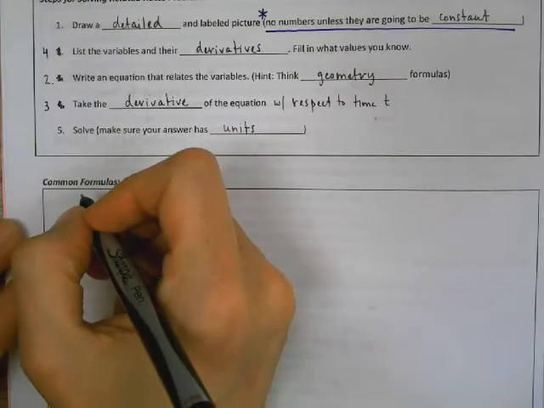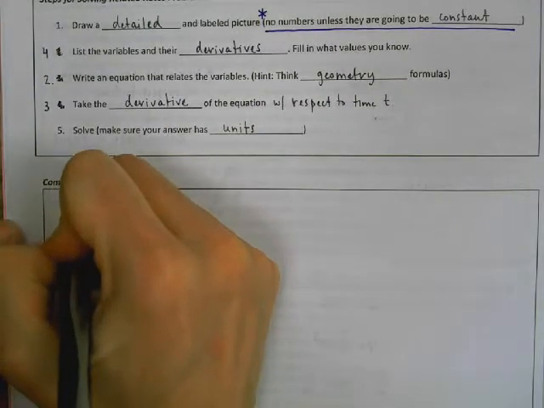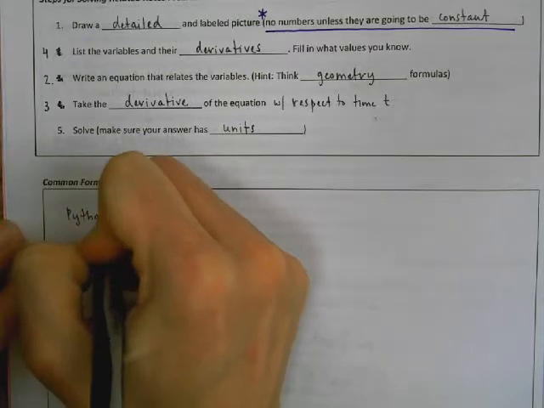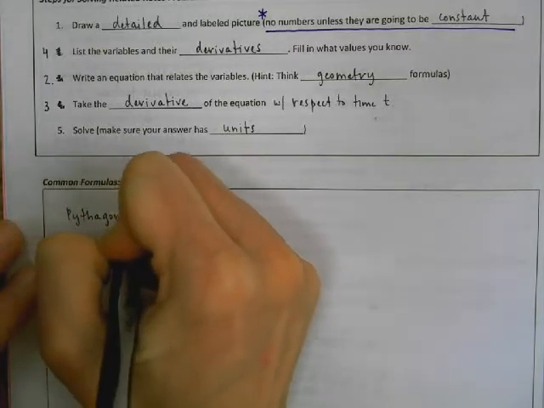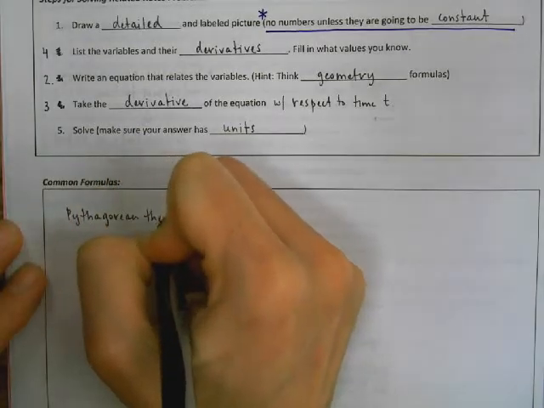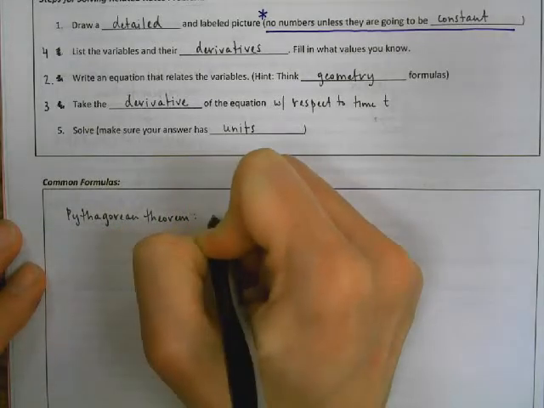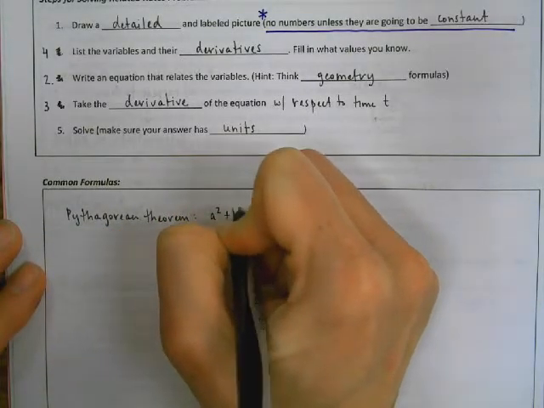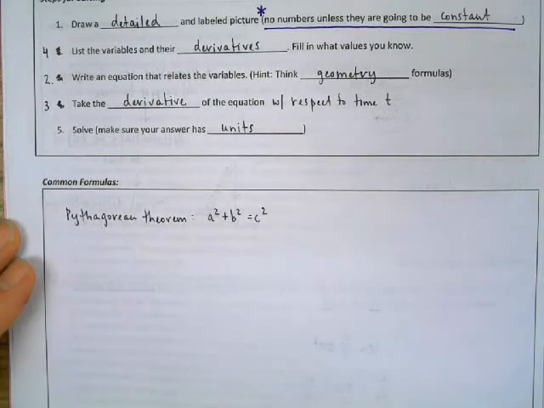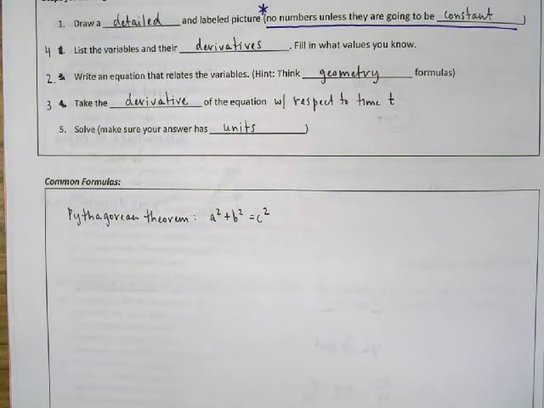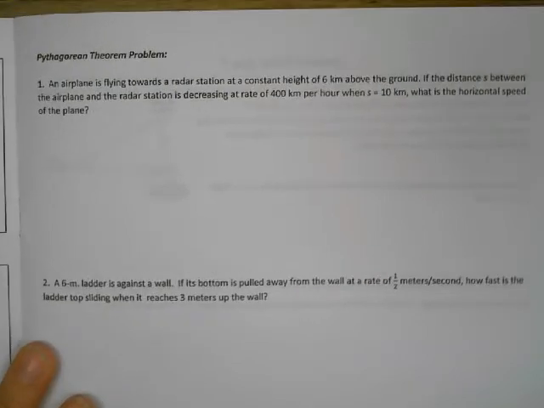So actually, let's go ahead and put that here, since it's a major type of problem we'll be working with. Okay, so here we have our a squared plus b squared equals c squared. So let's do 3 problems, see how this looks.